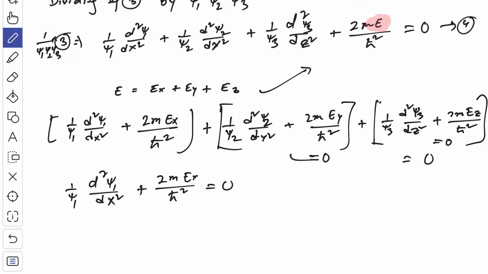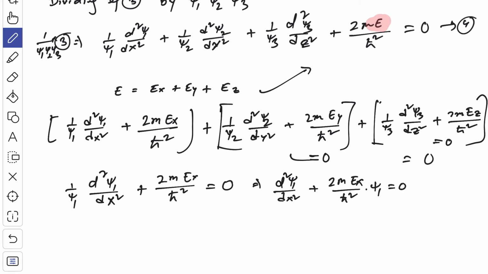So if you simplify this equation, it will give second order derivative of psi 1 with respect to x plus twice m Ex by h cut square, into psi 1 is equal to 0.